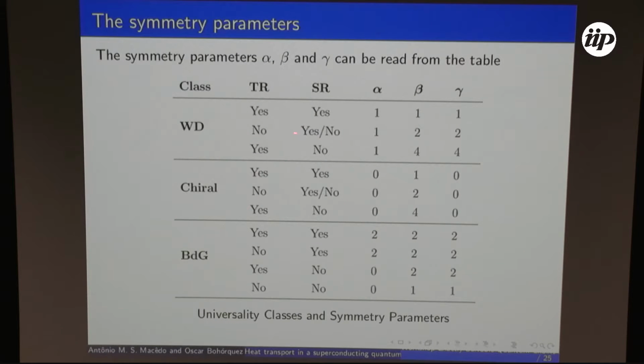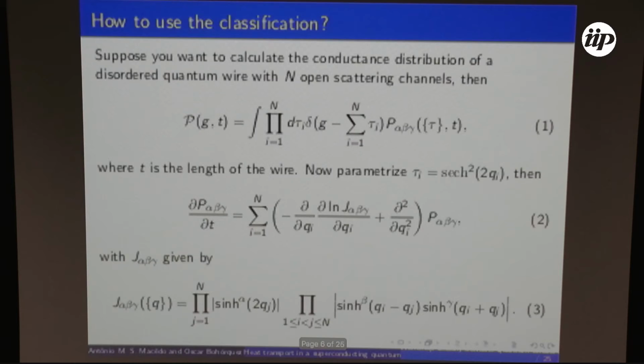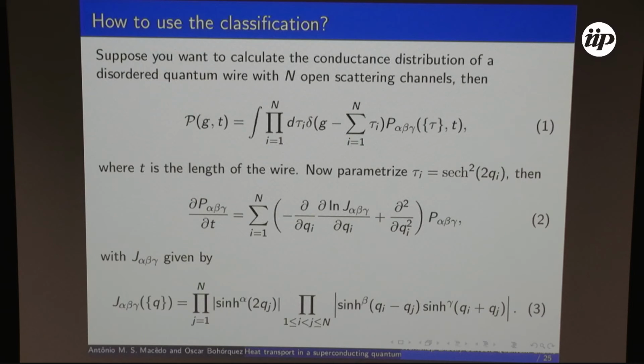But in fact, you can actually read it off a table where you get the universality classes and symmetry parameters. So for each of the universality classes, the three Wigner-Dyson, the three chiral, and the four Bogoliubov-de Gennes universality classes, you have the values of alpha, beta, and gamma. So you don't have to worry about it. What you really have to worry about is how to solve this problem.